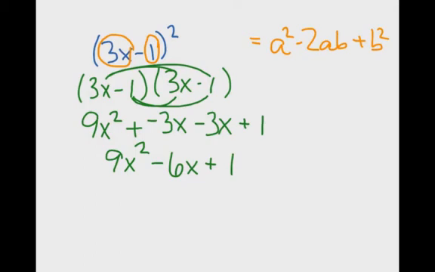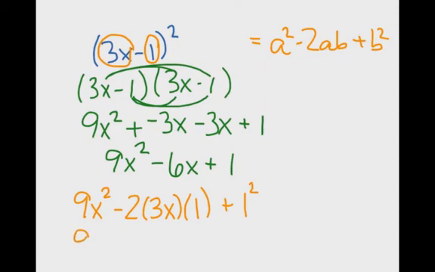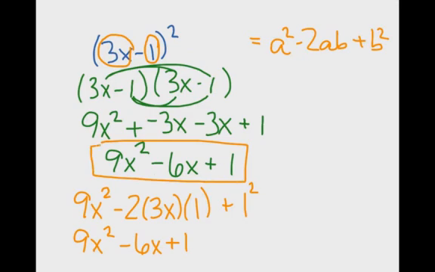So a squared would be 9x squared, minus 2 times a, which is 3x, times b, which is 1, plus 1 squared. If we simplify that, we have 9x squared minus 6x plus 1, which is the same thing that we got when we distributed.